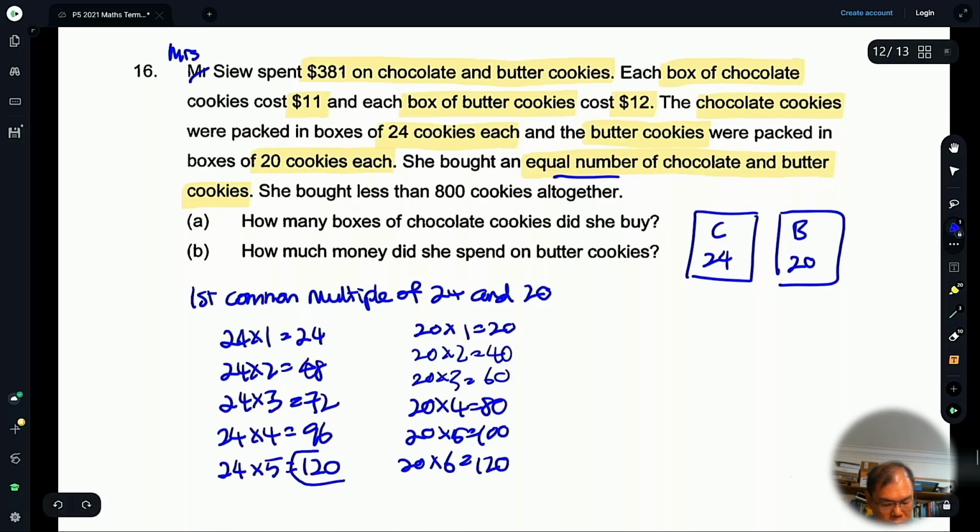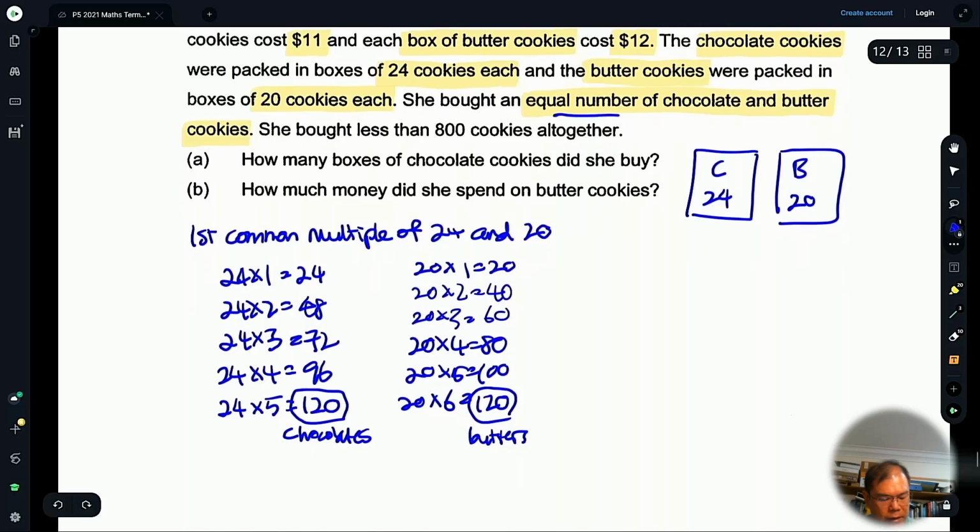So why do I want to find the first common multiple? It means that every time she buys, because she bought an equal number of chocolate and butter cookies, she has to buy in sets of 120 chocolate cookies and 120 butter cookies at the same time. And that will be 5 boxes of chocolate and 6 boxes of butter.